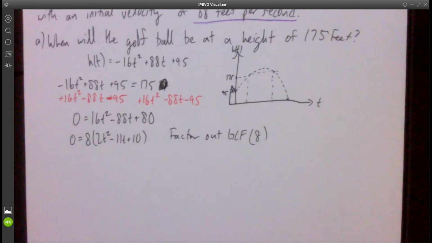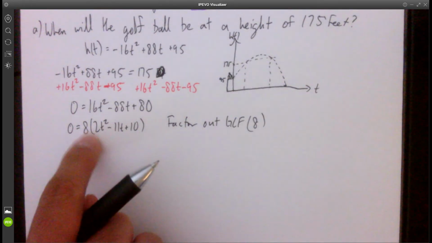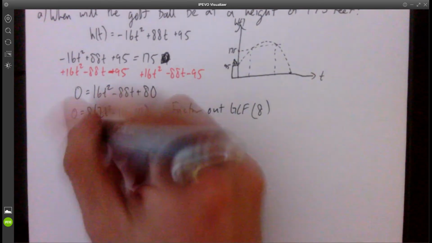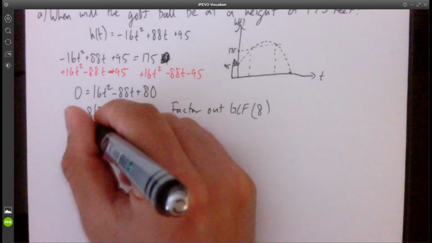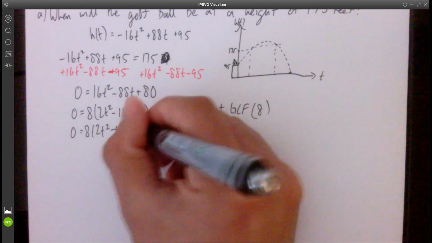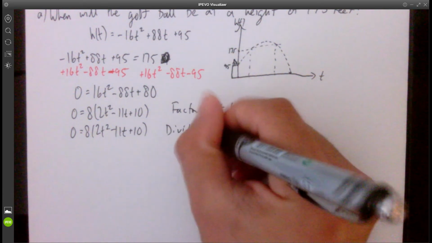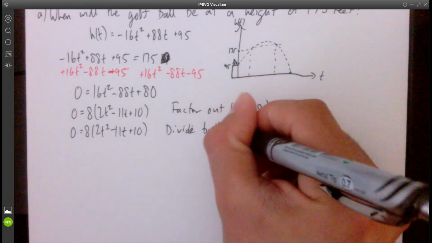Now I want to get rid of this coefficient here, so I'm going to divide both sides by 8.